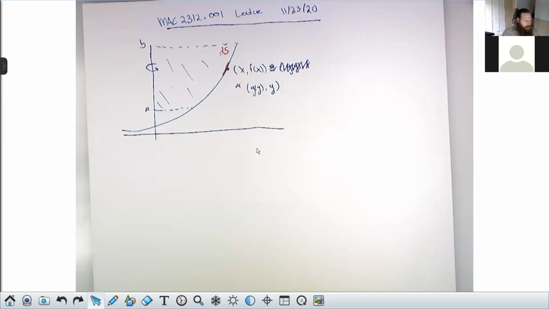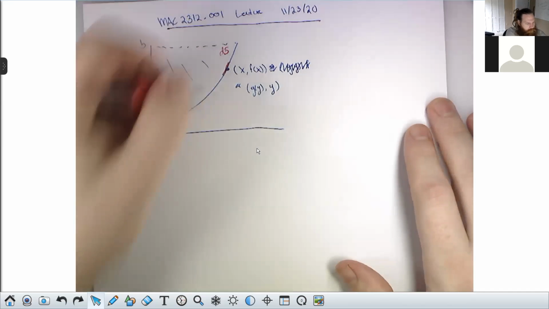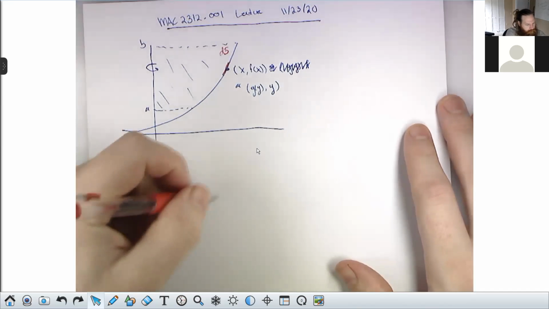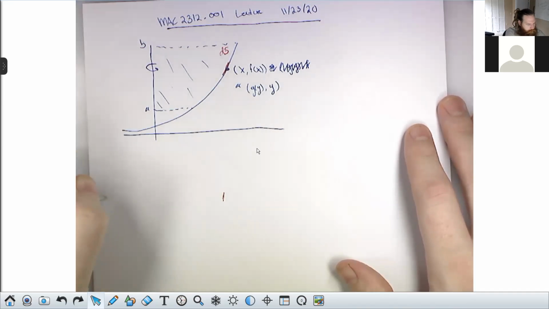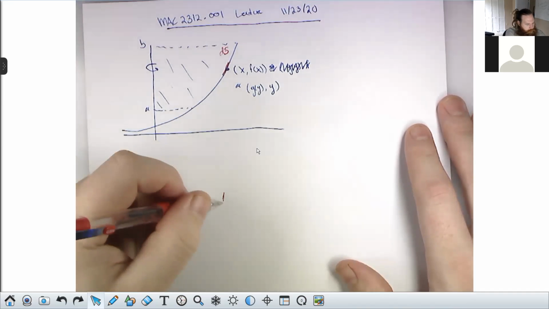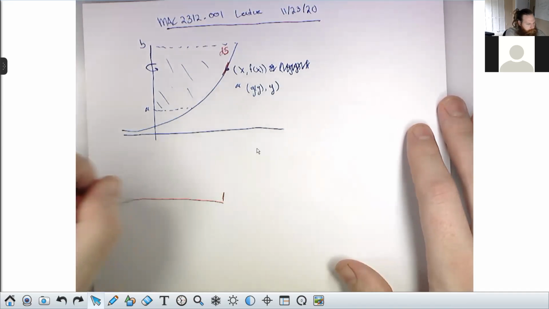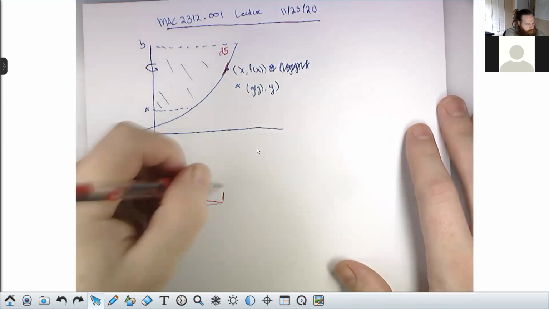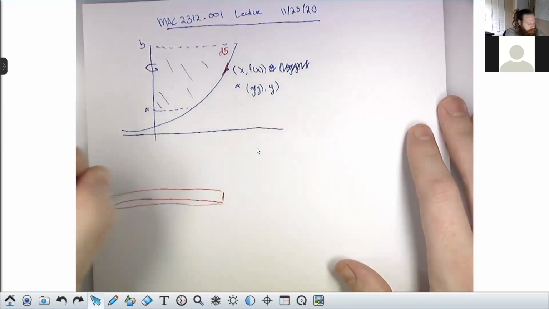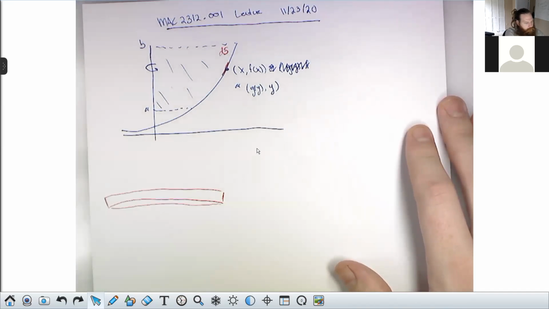If you imagine rotating just this ds segment of arc length, then you would get that sort of band. You can always get at these problems by thinking about them like this. So this would be my advice, is to draw these little things if you're ever uncertain.